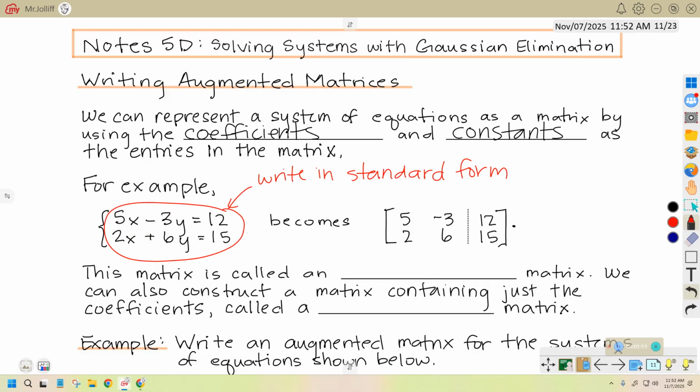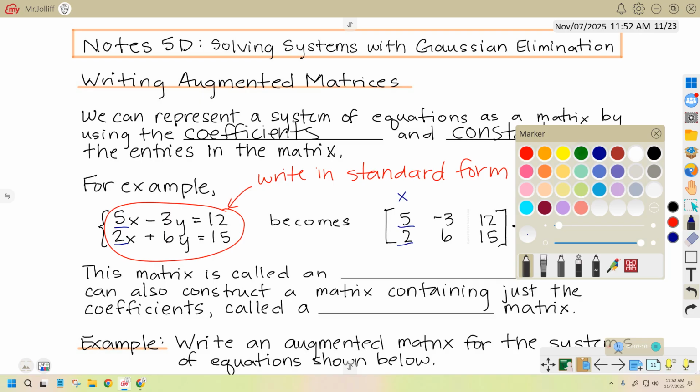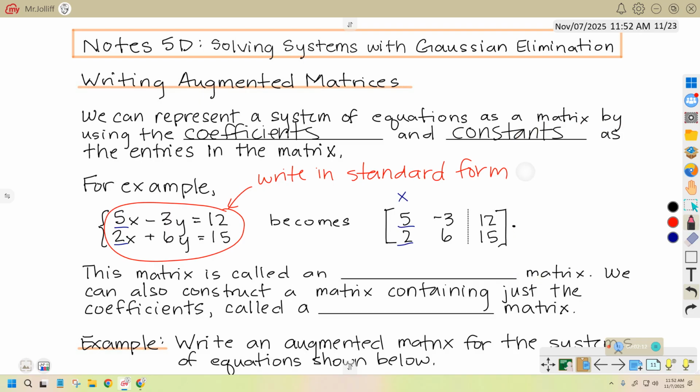You will notice that the coefficients on the x show up in the first column. So that first column is my x column. You'll notice the coefficients on the y show up in the second column.